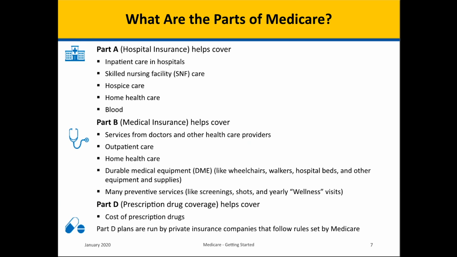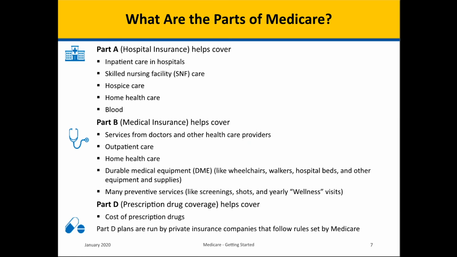Next slide. What are the parts of Medicare? The parts of Medicare include Part A, also called hospital insurance, which helps cover inpatient care in hospitals, skilled nursing facility care, hospice care, home health care, blood.